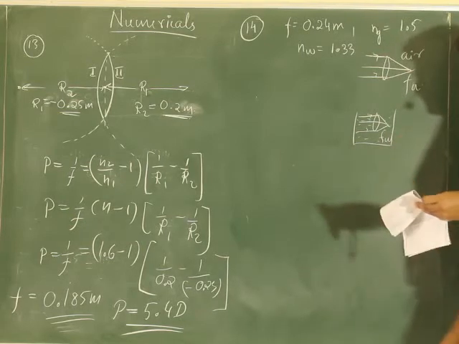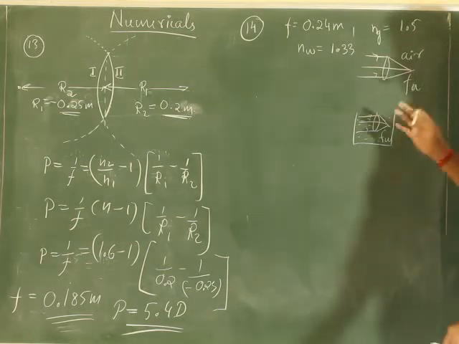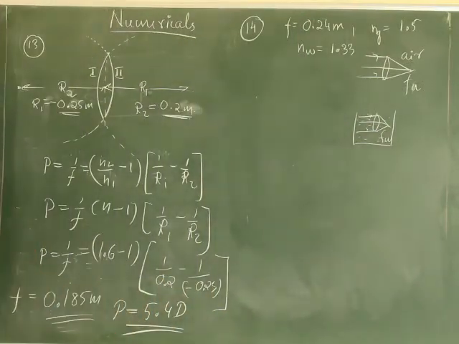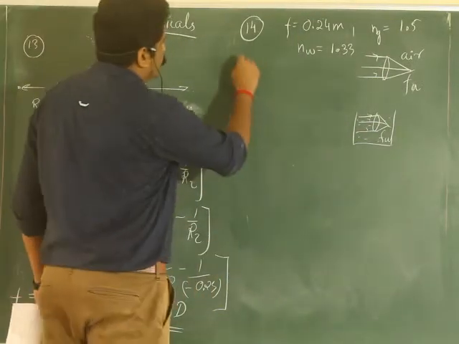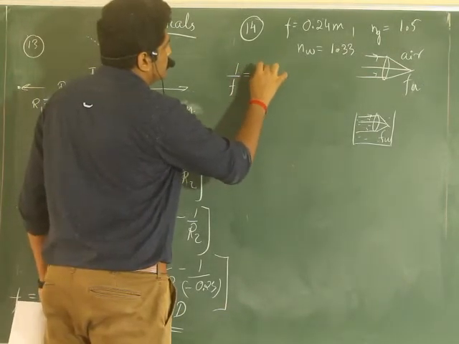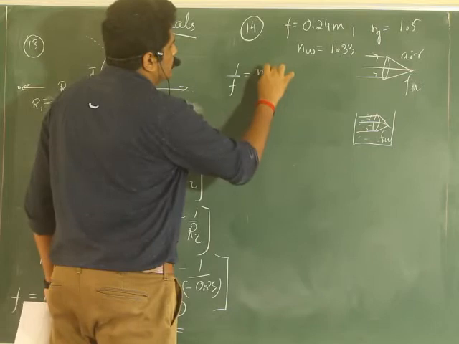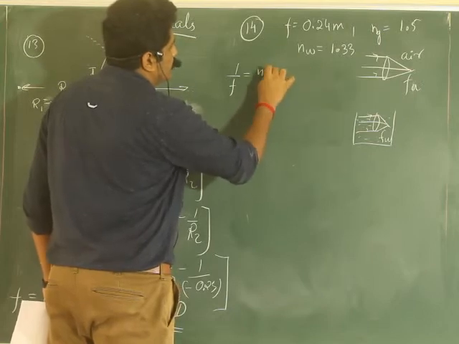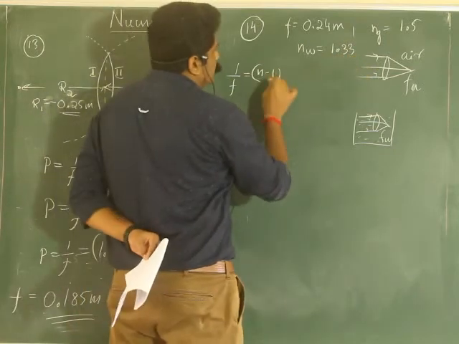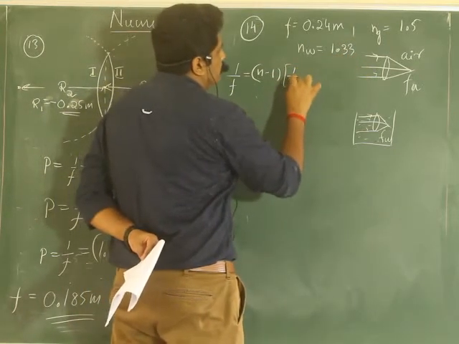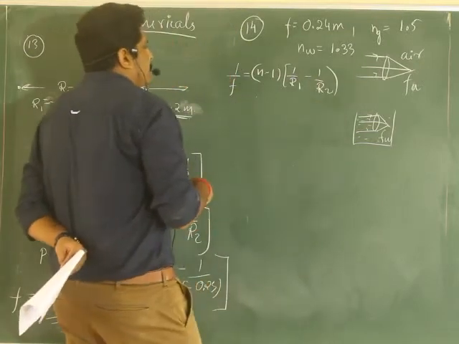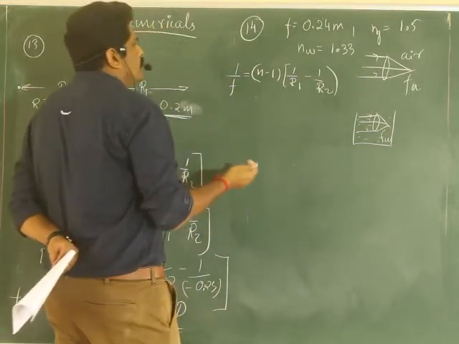So now let us apply the lens maker formula. Power and all we don't want here, so I just leave that. In air medium, for this biconvex lens, directly I can write n minus 1 into 1 by R1 minus 1 by R2. What is the focal length?